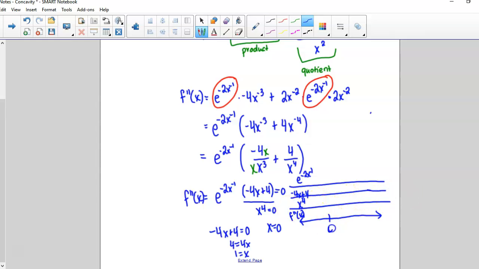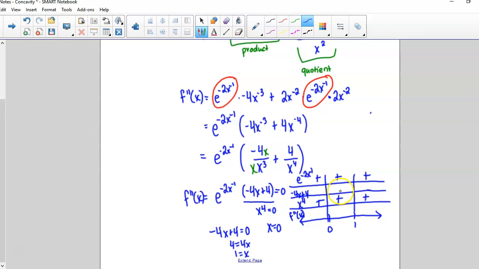Our values here are 0 and 1. As I said earlier, e to the negative 2x to the negative 1 is always positive, because e to anything is always positive. And x to the 4th is also always positive except for when it equals 0.